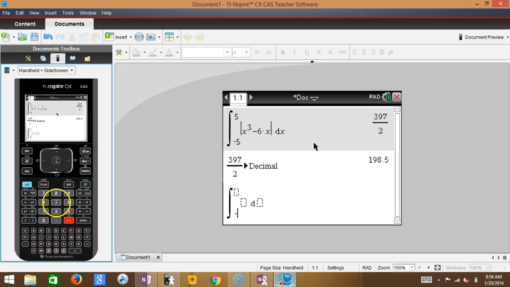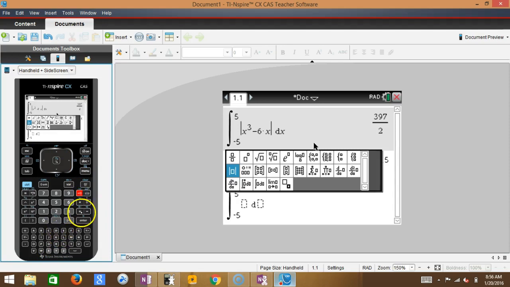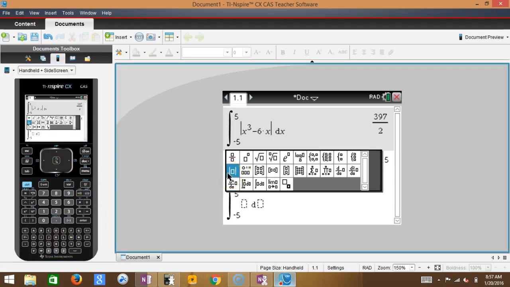How do you absolute value? Absolute value on this thing, you click that little button by the map. Yeah, on your grade calculator, you have to hit Control and then it's the plus sign. Can you leave it as like that, or do you have to divide it by 2?